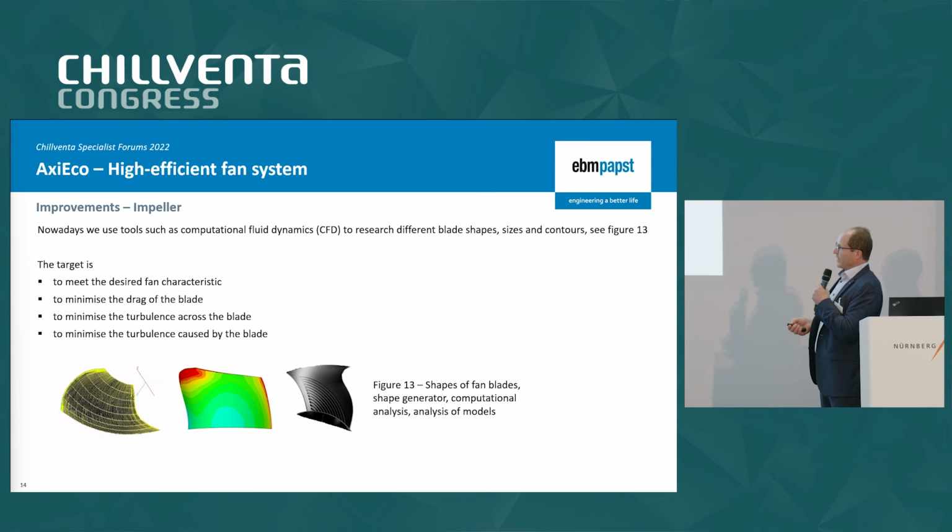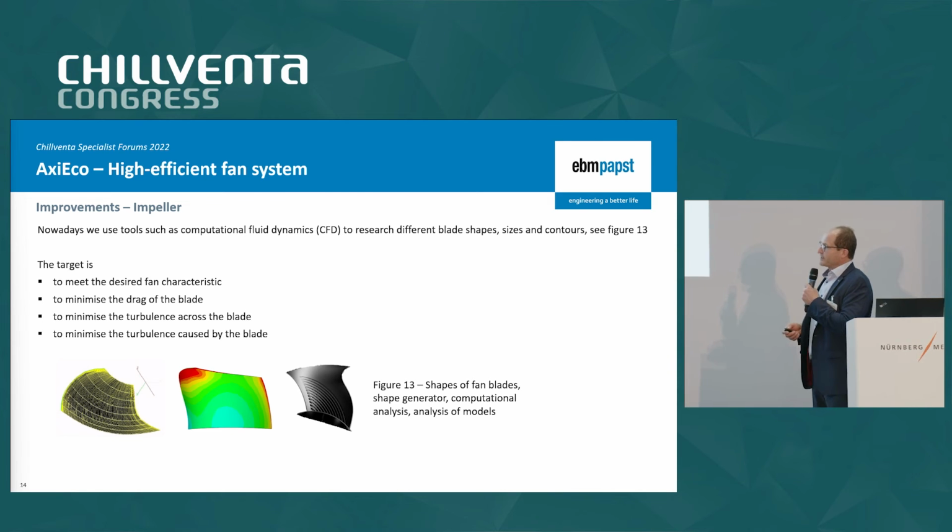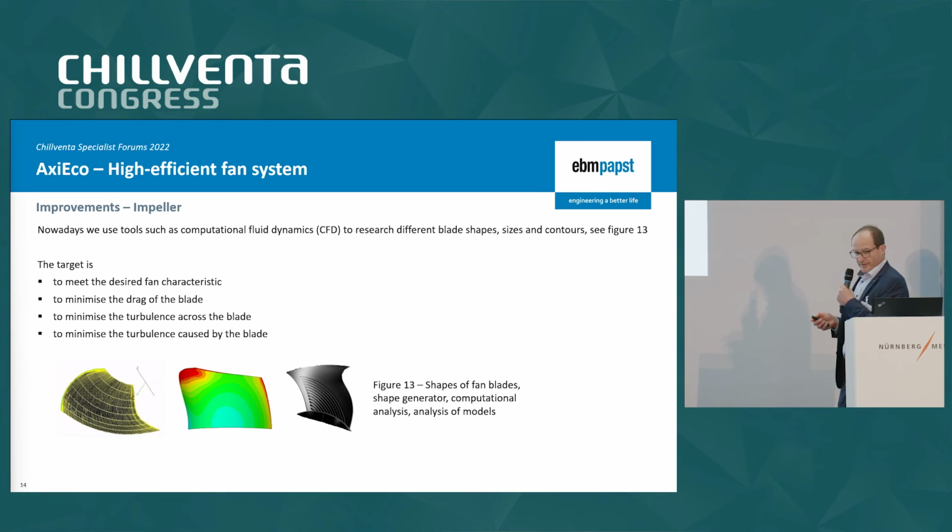So we have not only turbulences caused by the air when it streams over the blade, but also by the blade itself, because we have a certain edge here. We have the edge on that side, we have the edge on the other side. And this causes turbulences. And by a certain profile of the fan, we can reduce these turbulences. And by this we increase the efficiency and we reduce the noise.